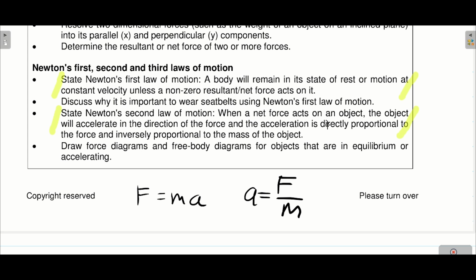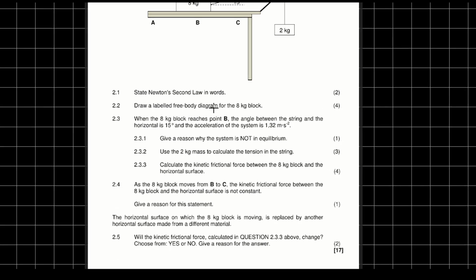When a net force, F net, acts on an object, the object will accelerate in the direction of the force. The acceleration is directly proportional to the force and inversely proportional to the mass of the object. Let's go back to the question.